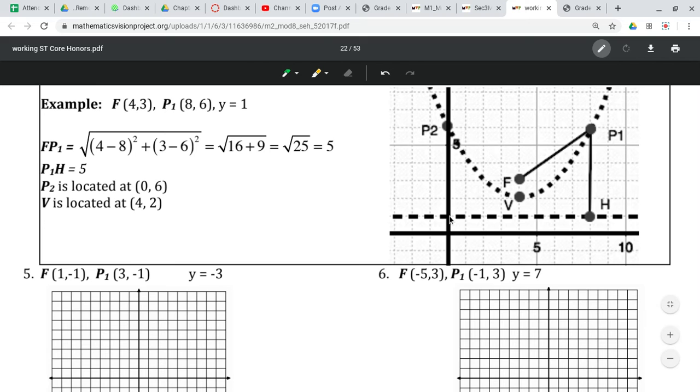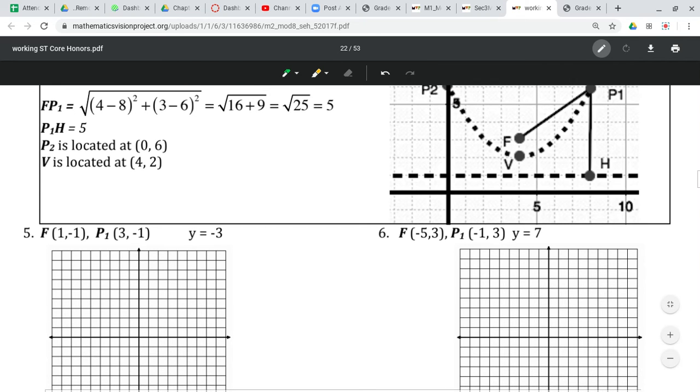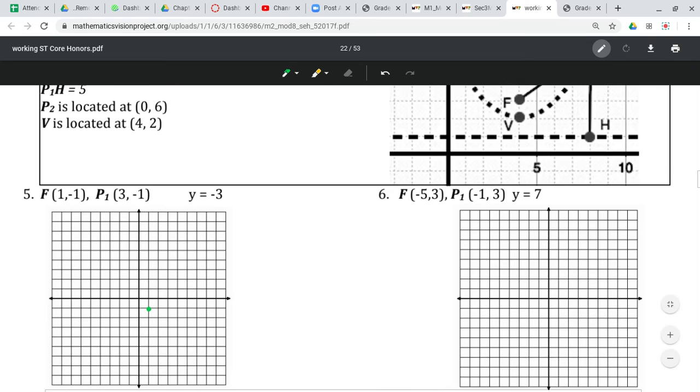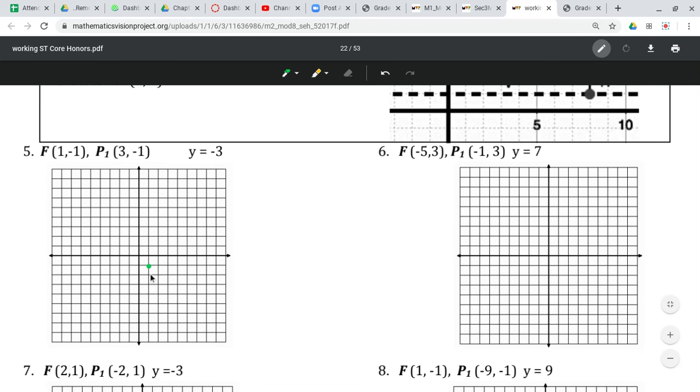Okay? So looking over here, we've got the focus is (1, -1). So we're going to go over 1, down 1. So here's our focus. Our directrix is y equals -3. I'm going to draw this line. Okay, that should be a nice straight line that goes through y equals -3.